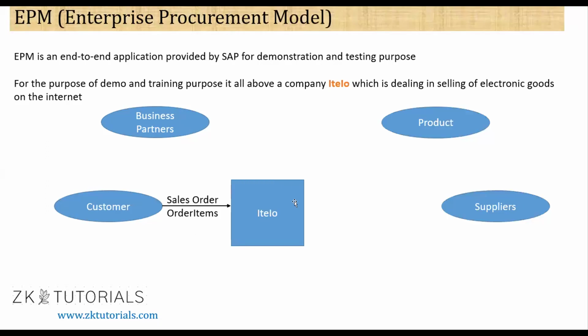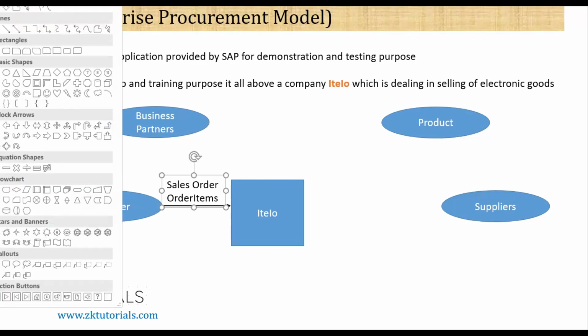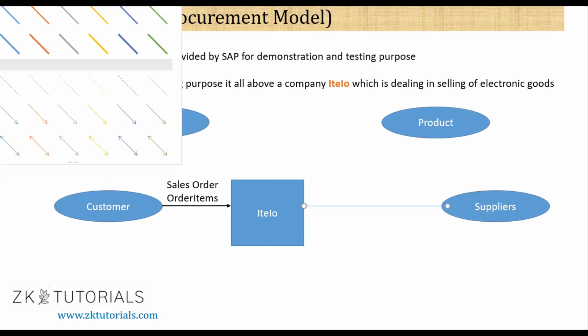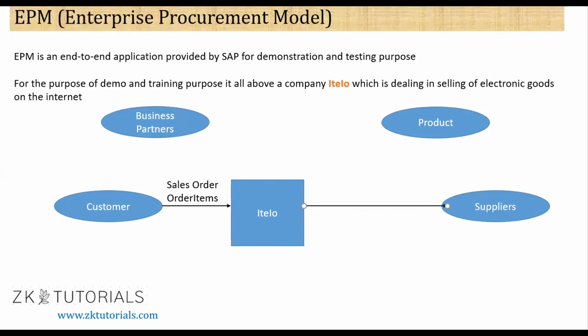Here is my sales order, and here you can see this is my purchase order. This is a simple methodology. Something is requested, so this whole scenario comes in. So here is my purchase order.